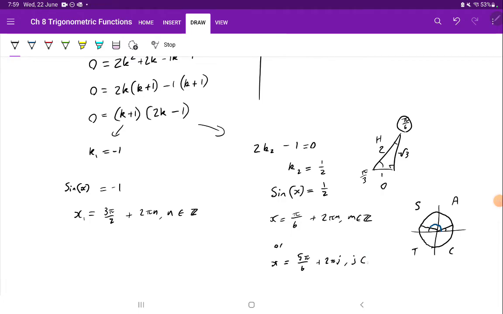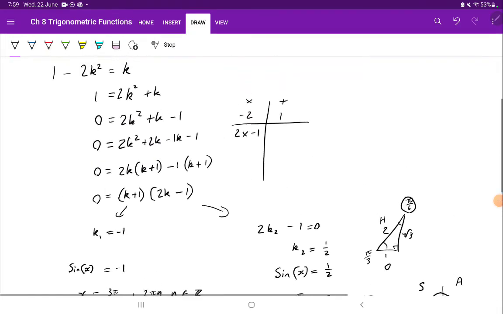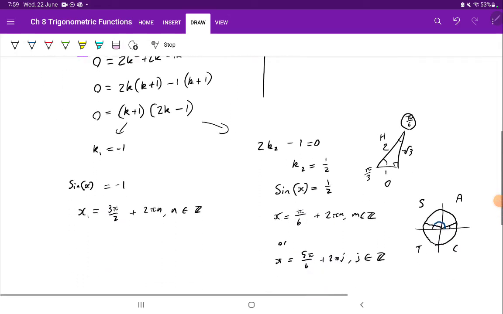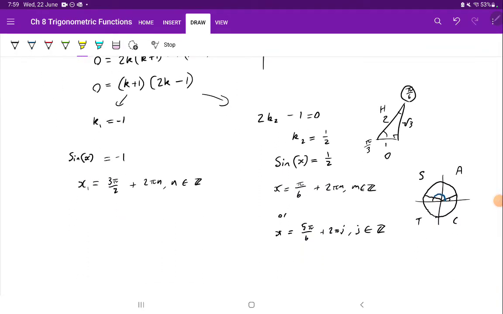Alrighty, so I've now got 3 families, and we've got to look to see whether any of the next ones are actually going to be solutions. However, we're quite lucky here. We're only looking for one rotation. So when you add 2 pi, that's going to take you outside of that one rotation, because that's going to get you bigger than that. The only exception to that would be 0, because if you add 2 pi to 0, that's also going to be a solution.